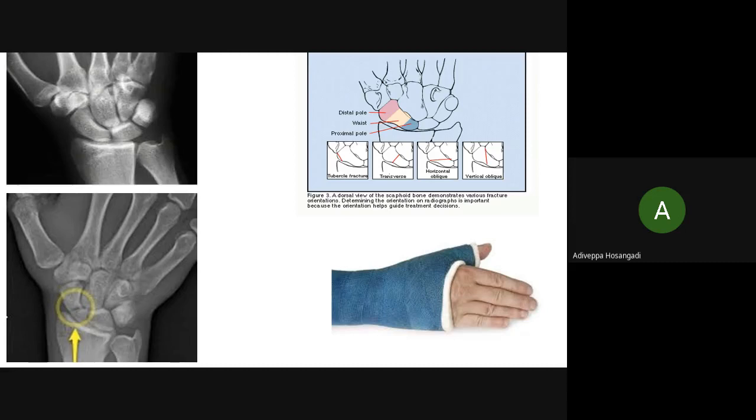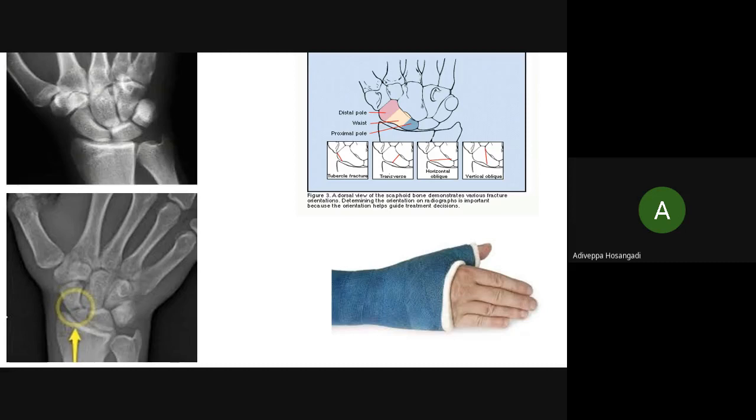Fractures in these three regions are very vulnerable to non-union because they are intra-articular and synovial fluid has an inhibitory effect on fracture union.